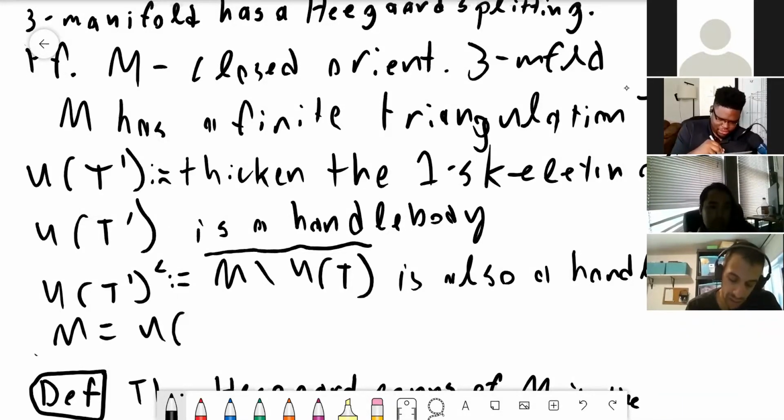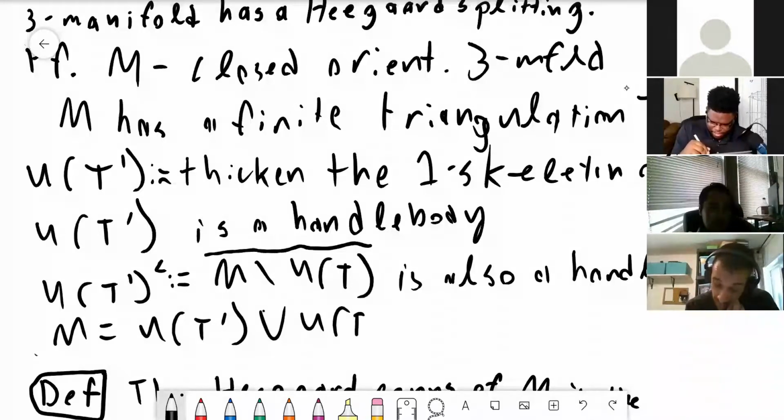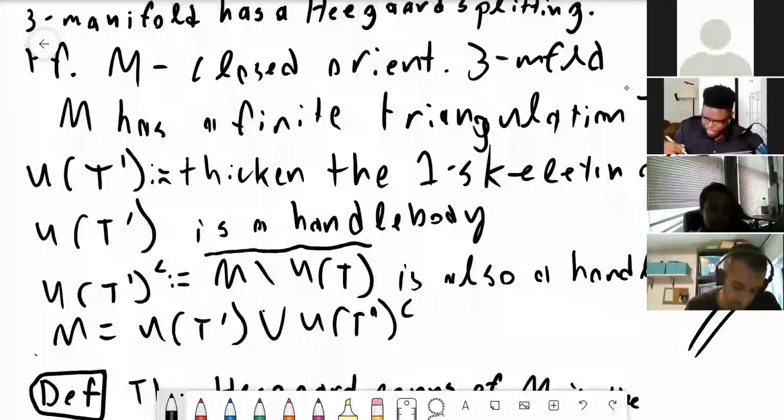And of course, M is just the thing you get when you glue these together. So there's our Heegaard splitting.